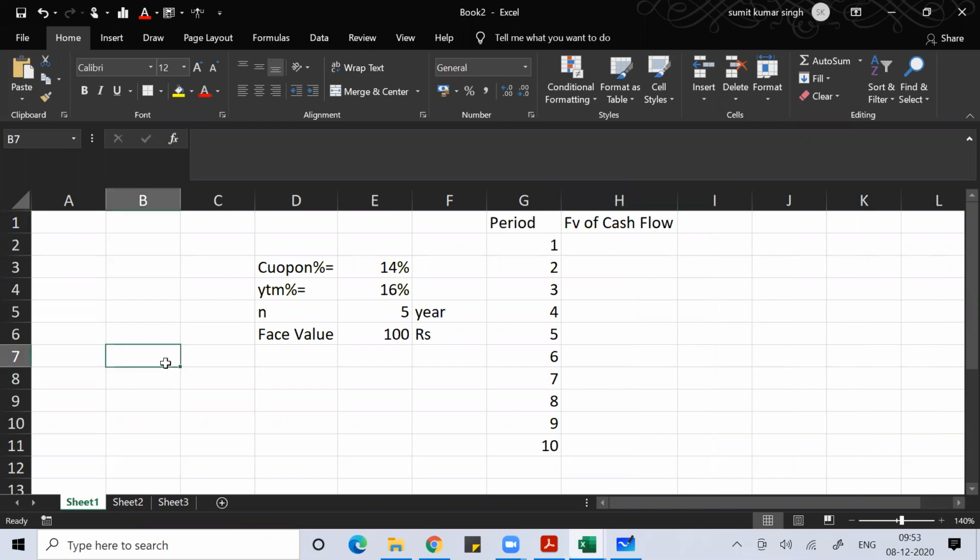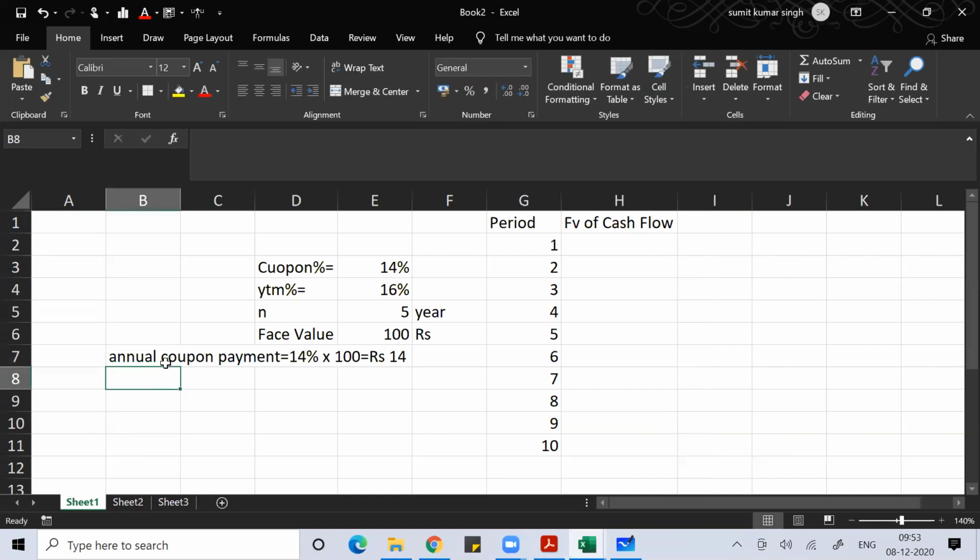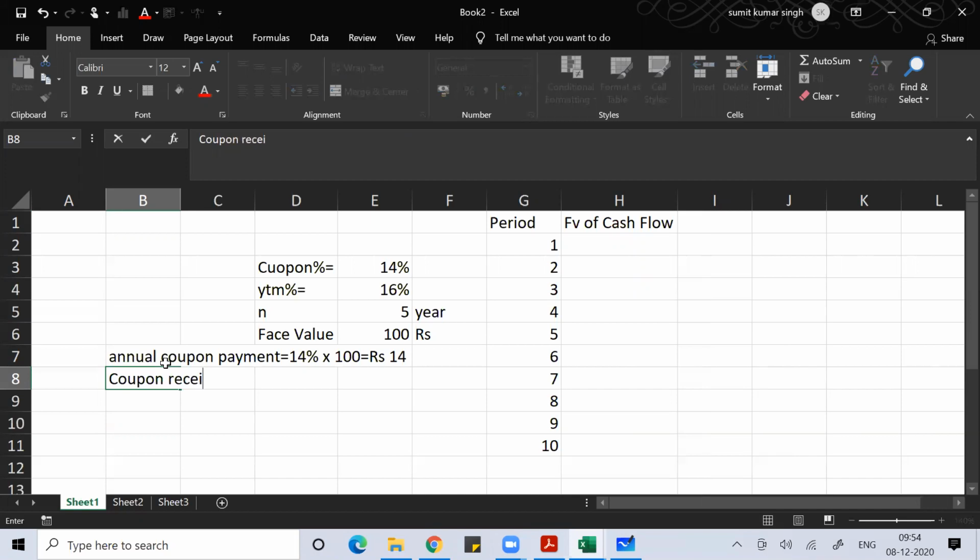So the annual coupon payment is 14% of 100, which means 14 rupees. Because the coupon is paid semi-annually, the coupon received each semi-annual period is equal to how much?